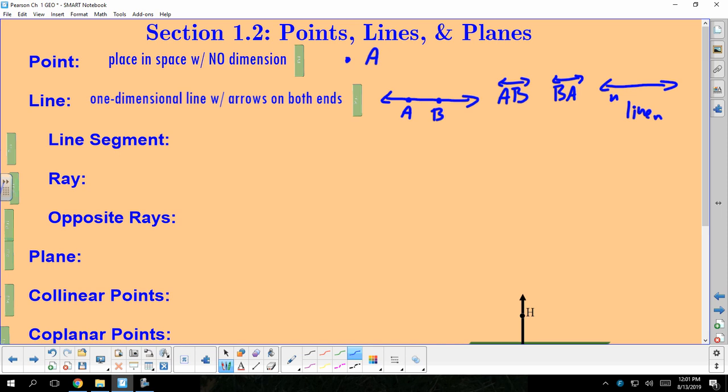And sometimes I don't want to talk about the entire line. Okay? I just want to look at a small part of the line. So a small part of the line is the line segment. So a part of a line that has endpoints.